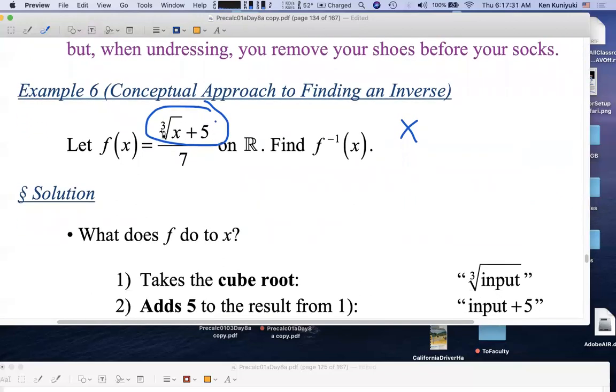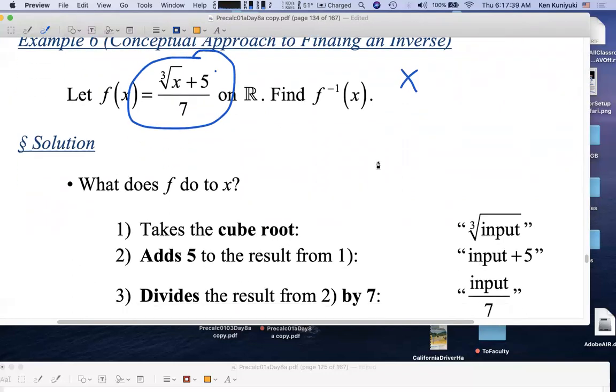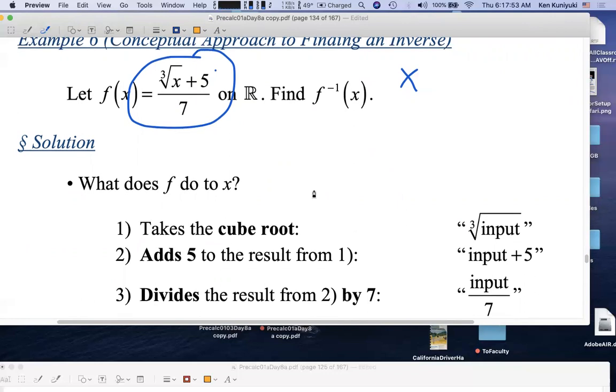And then what do you do to this numerator? You divide it by 7. So you can think of the function as applying a three-step process. It takes in the first input x, applies the cube root, takes the result, adds 5, takes the result, divides by 7.